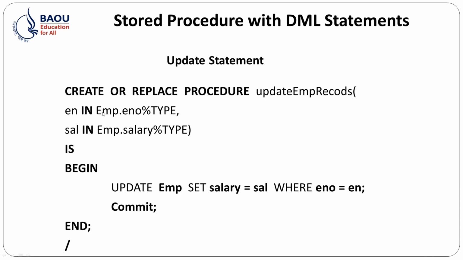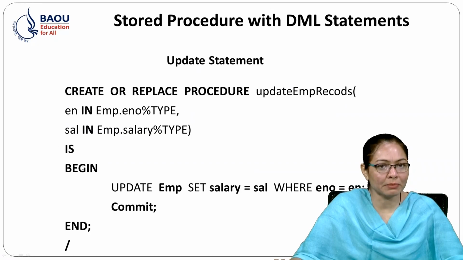And we already discussed why this statement is written. Now, it is create or replace procedure name, and in the bracket you can define necessary variables or parameters, and then is, then begin.